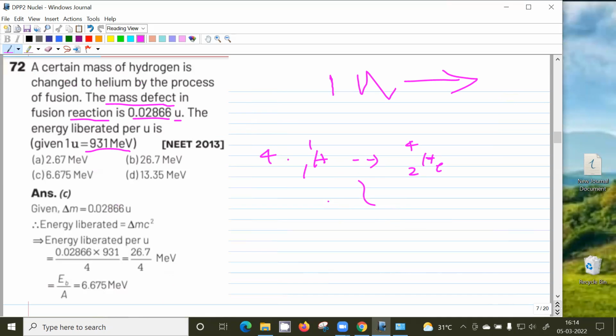The question is not very clear. To get per hydrogen, this total energy is divided by 4. That's what he has done. Delta mc square is the total energy, and delta mc square divided by 4 will give the energy per hydrogen atom or hydrogen nucleus.